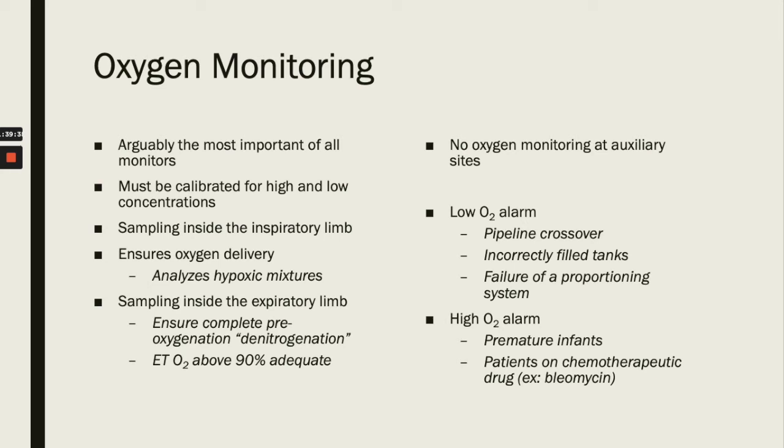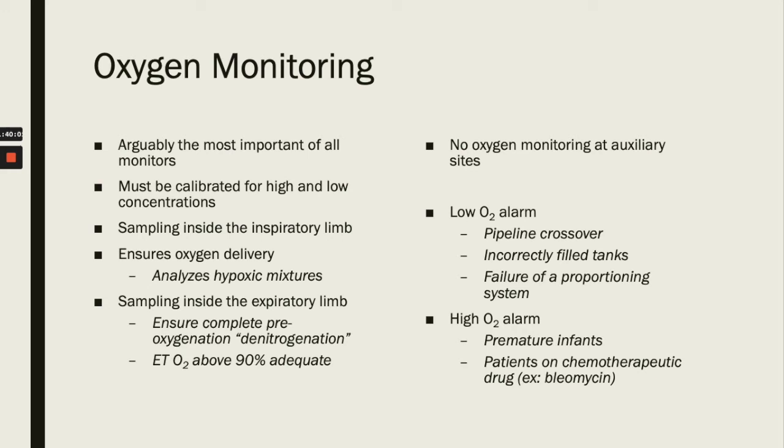And then with sampling inside the expiratory limb, we get to make sure that the patient is completely pre-oxygenated as we are getting ready to prepare them for induction. That's when we are having them take those big, deep breaths in and out to completely remove the nitrogen from their lungs.